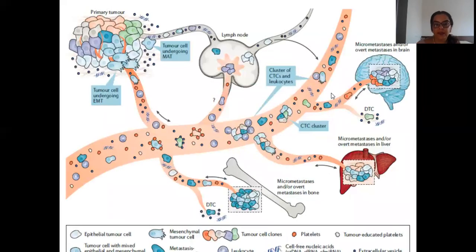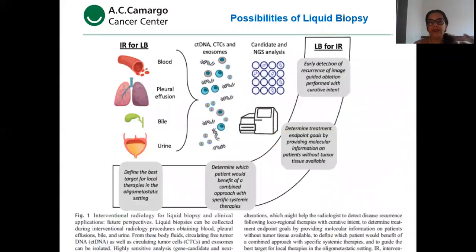Maybe these cells are interacting with the cells of the immune system, as we know that for solid tumors, they interact. And maybe we can use circulating tumor cells in desmoid tumors as we use for solid tumors to follow up patients during the course of the disease. Now we are trying to solve these questions. We hope we have the answers soon.